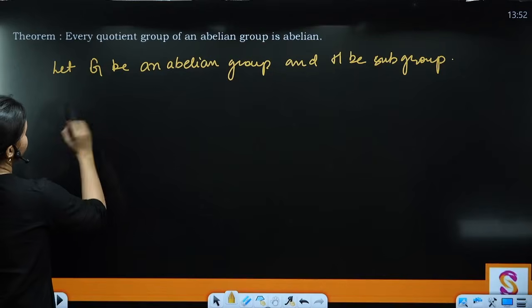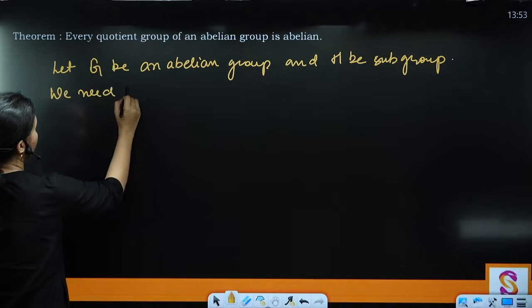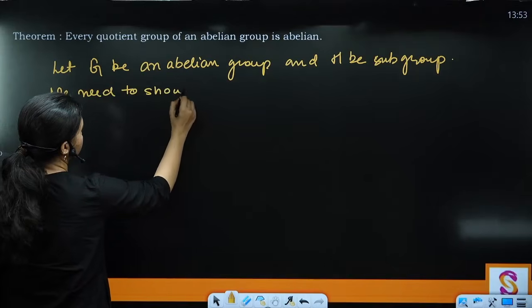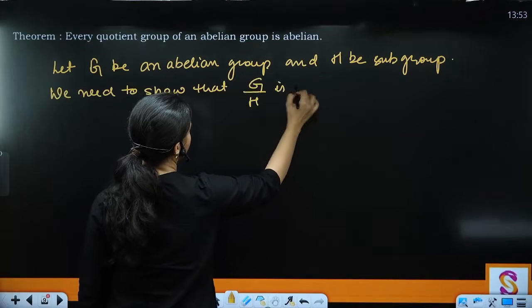So now we need to show that G/H is abelian.